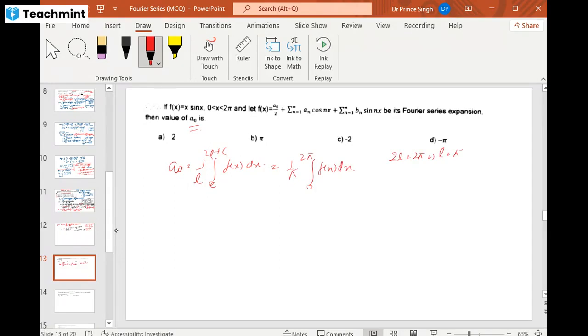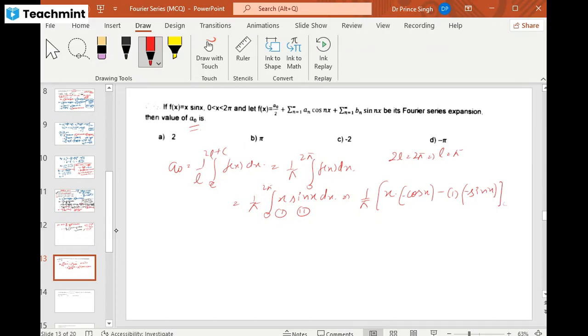So we simply need to apply the product rule to the function x into sine x. The same formula which we used in our last question. So product rule, u into v. So u is x. Integral of sine is minus cos x, minus derivative of x is 1, integral of minus cos x is minus sine x.